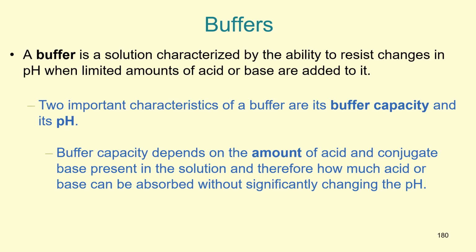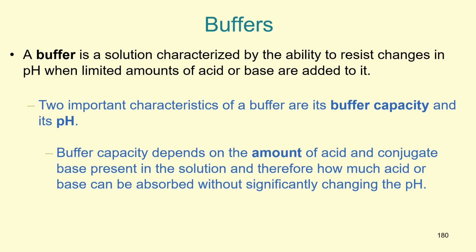So at some point the buffer is going to be wrecked. The buffer capacity is defined by how much strong acid or strong base you can add before the pH is wrecked. And then pH is the other thing. In the example I showed you on the last slide, they started out at pH 7, but you can have buffers at any pH.